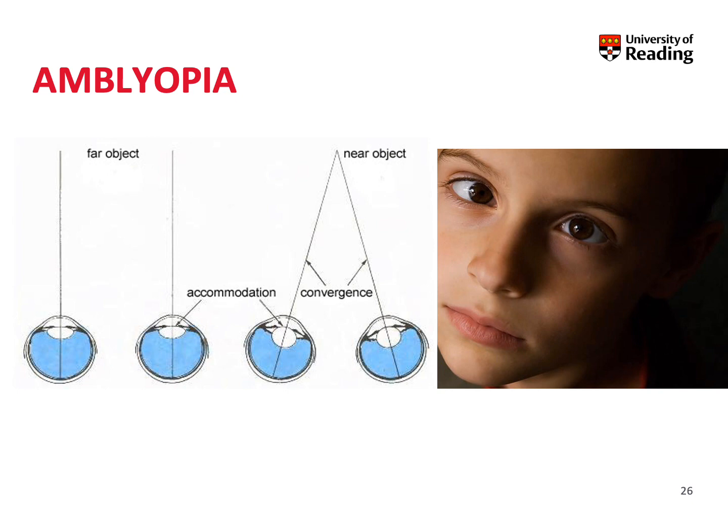So that's all well and good, but the brain has to do some quite clever stuff when you have two eyes, because you've got two images of the world.